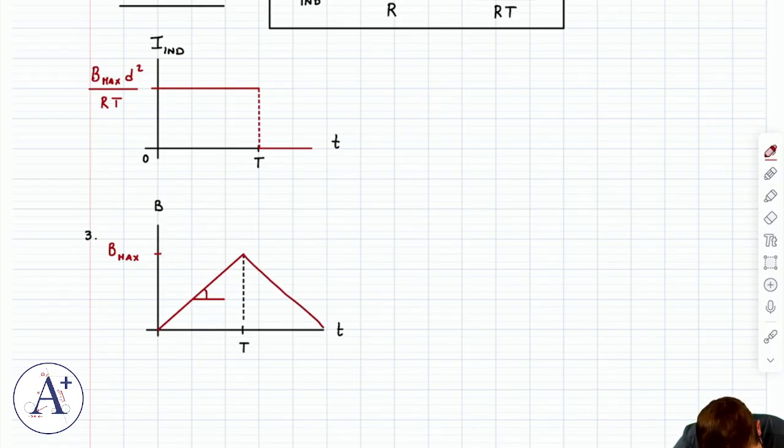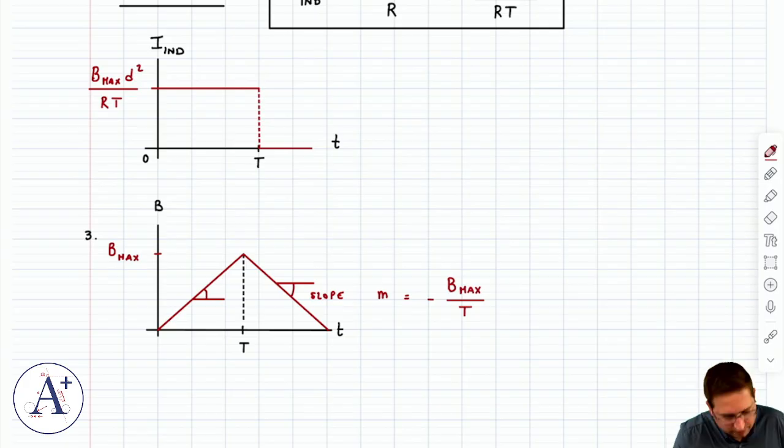What if we drop it back to 0 in the same amount of time? The magnetic field is reduced at the same rate it was previously increased. So now the magnetic field is going to drop back to 0 with a slope of m equal to minus B max over T. It's rise over run, but it's a drop divided by the run T, so we get minus B max over T.